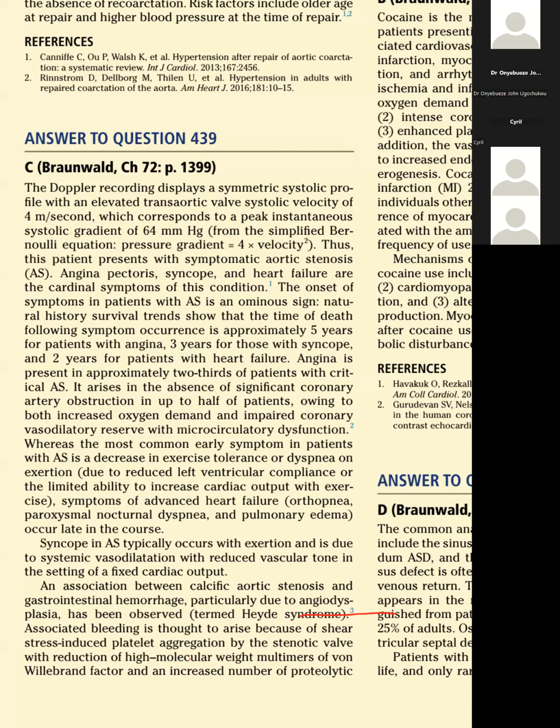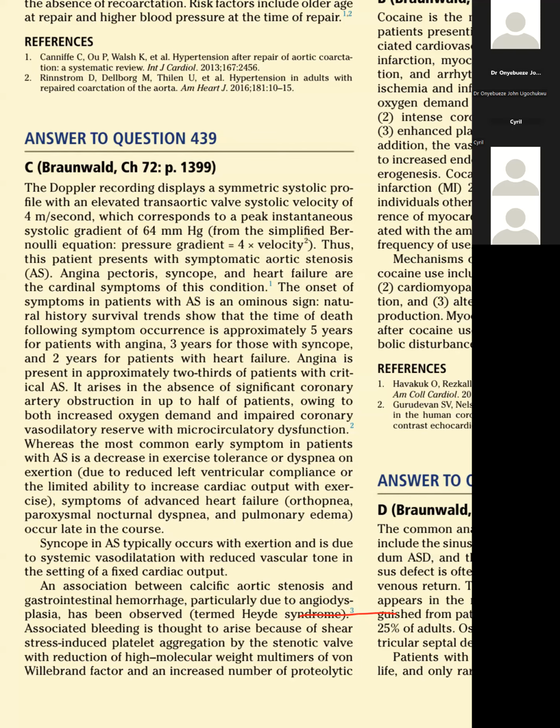The onset of symptoms in the patient with AS is an ominous sign. Natural history survival trends show that the time of death following symptom occurrence is approximately 5 years for patients with angina, 3 years for those with syncope, and 2 years for the patients with heart failure.